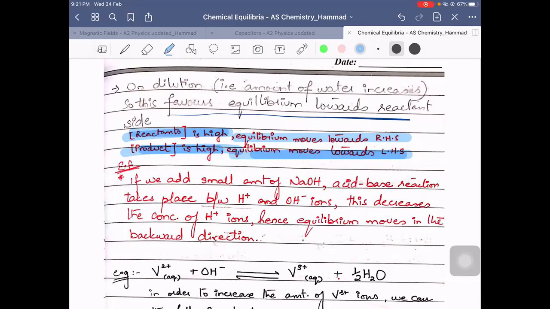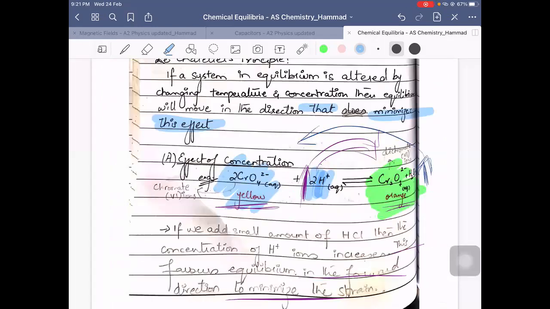Let's say I am adding NaOH. If NaOH is being added, an acid-base reaction occurs, as this is the acid part and NaOH is an alkali. An acid-base reaction will occur, and as a result, this part gets consumed.